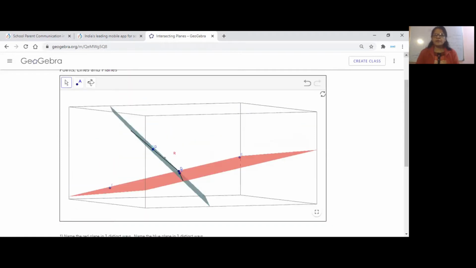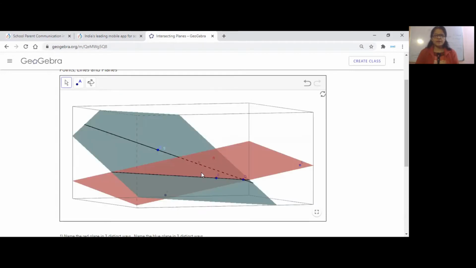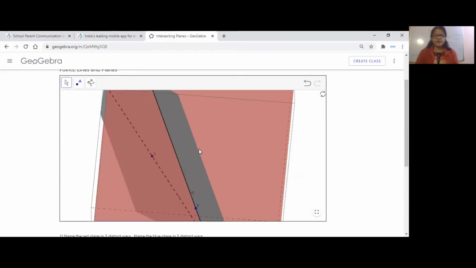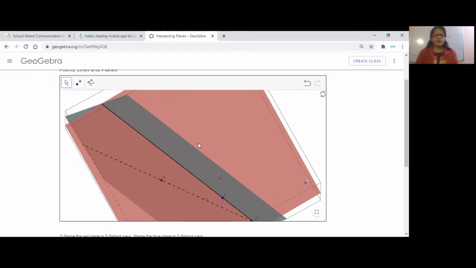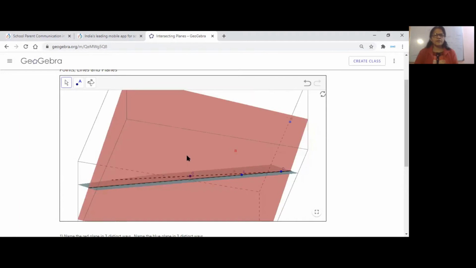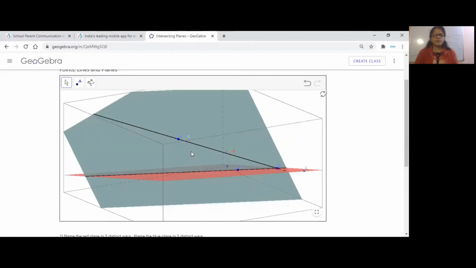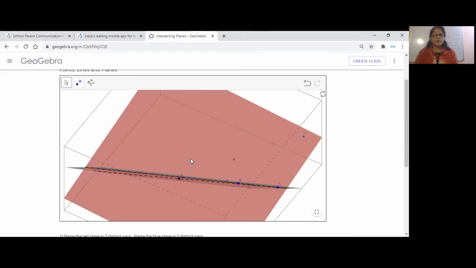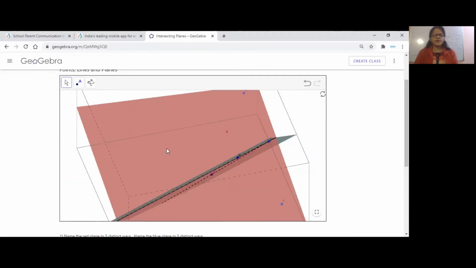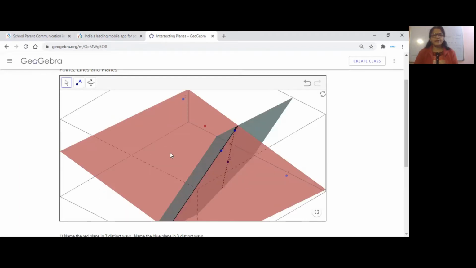You can see two simple planes I have taken, so that the intersection will be clearly visible to you. When two planes meet, the meeting joint is a line. Are you able to see it?